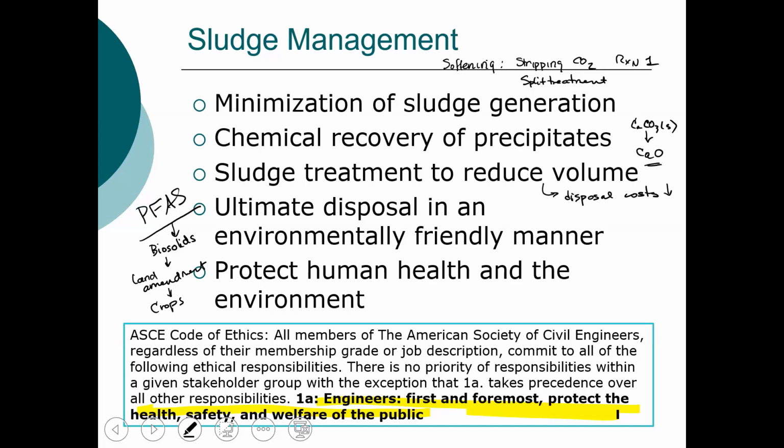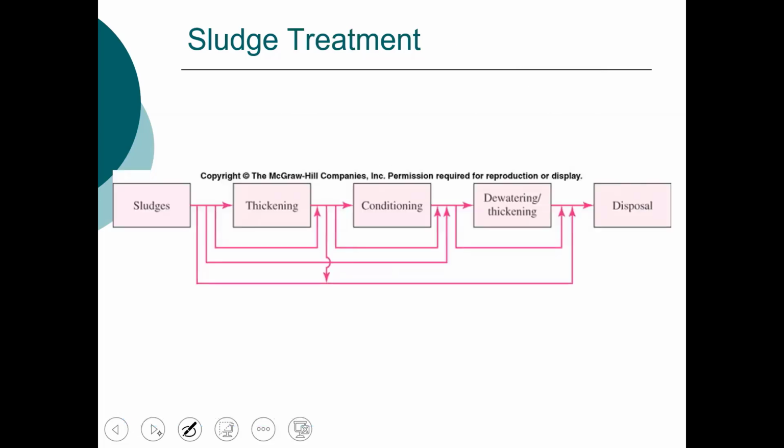So when we talk about sludge treatment, we typically divide up this treatment into stages. So, and I've mentioned some of these. So thickening, we're looking at removing water, typically preparing the sludge for further treatment.